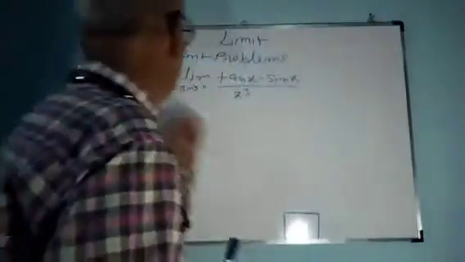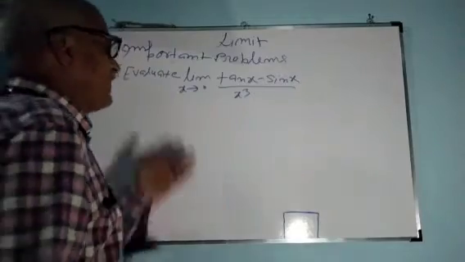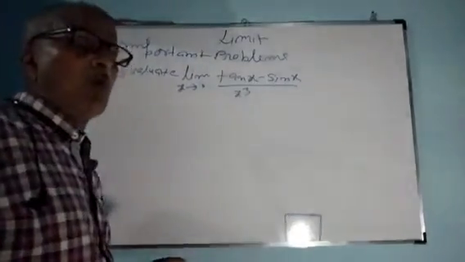Let us see question number 5. Here we see that at x equal to 0, the function takes the form 0 by 0.